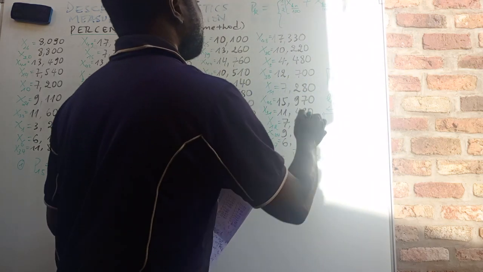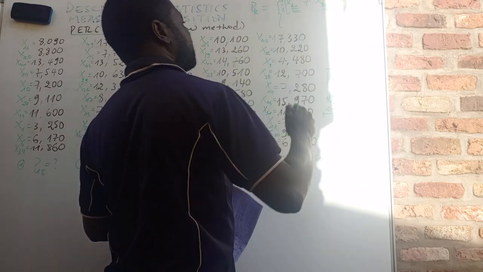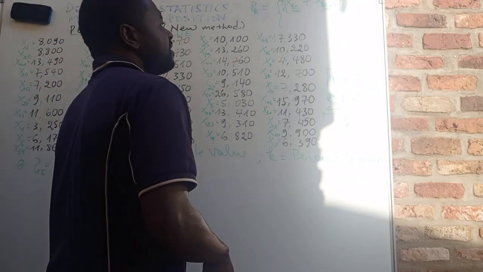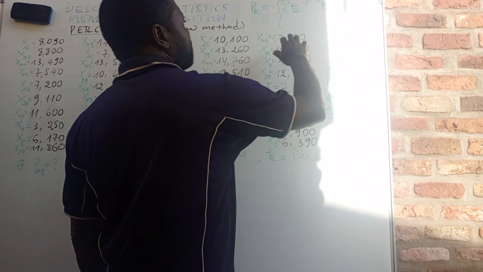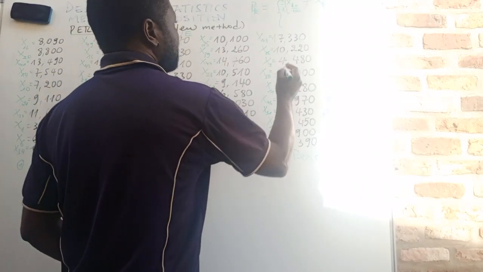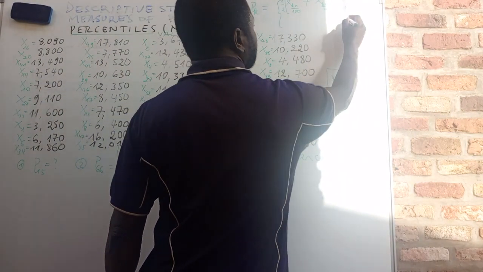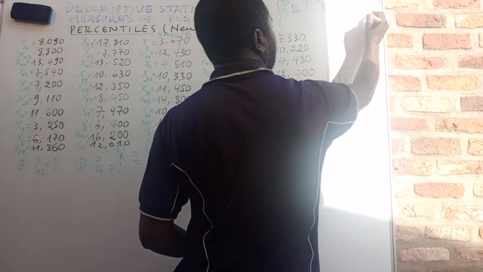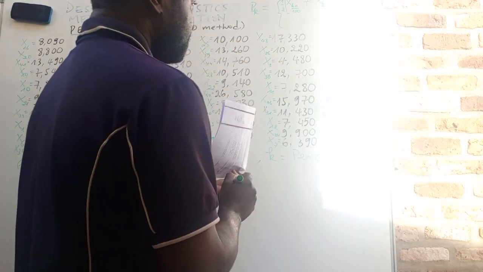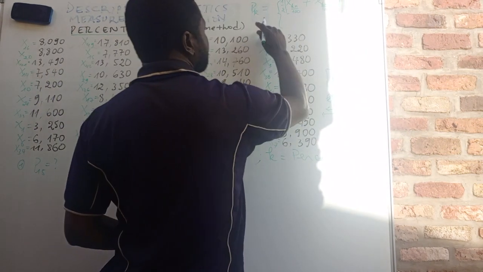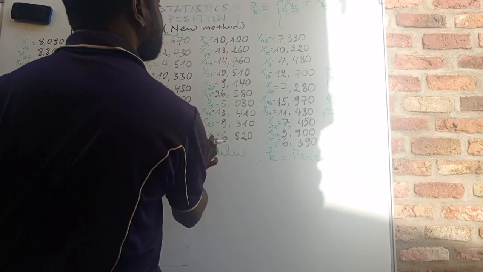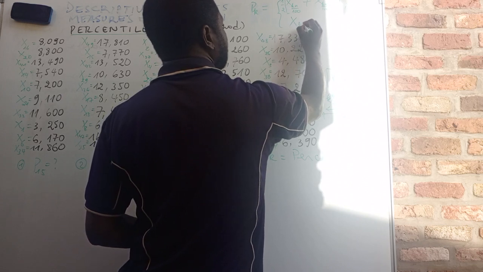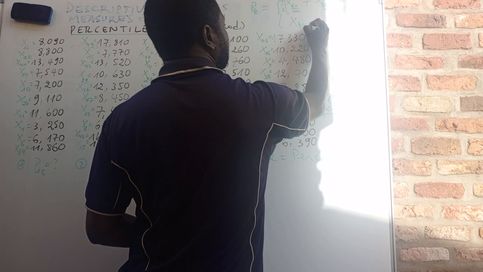If we take k times n and divide by 100, and the remainder is 0, then we use this formula. Now if the remainder is different from 0, the percentile value will be x sub kn over 100 plus 1.